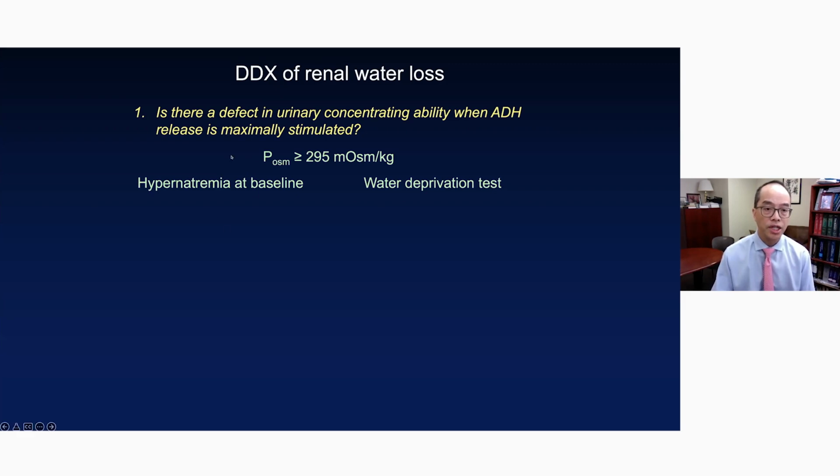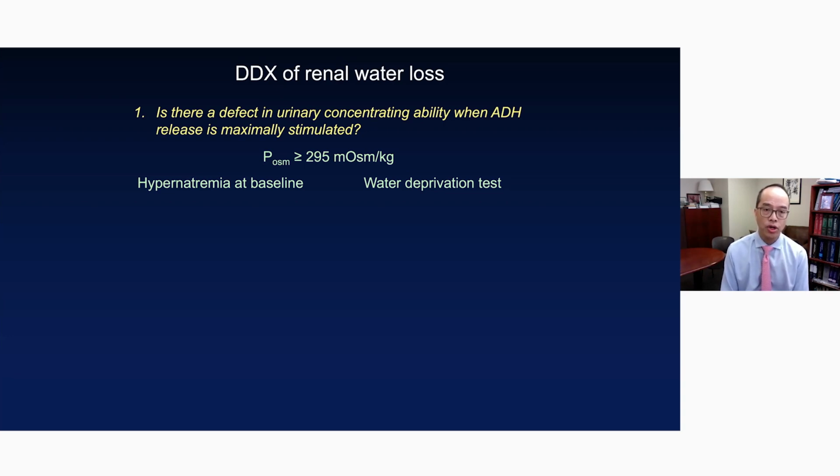So if the patient were hypernatremic at baseline and had a high plasma osmolality, then you could simply look and see whether your urine osmolality was appropriately increased to greater than 800, as we mentioned before. However, many such patients are able to drink enough water to keep up with their water losses and have a normal sodium, as this patient did at baseline.